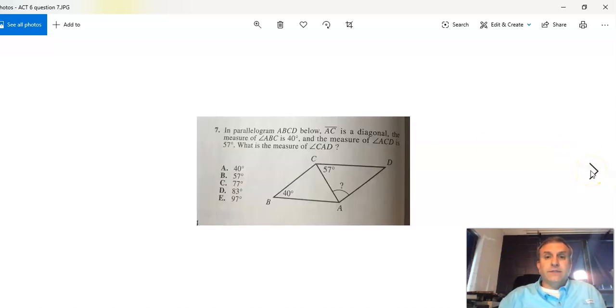Next one, a parallelogram. This is my responsibility to teach you. When you have a parallelogram like this, that means these 2 sides are parallel, and those 2 sides are parallel.